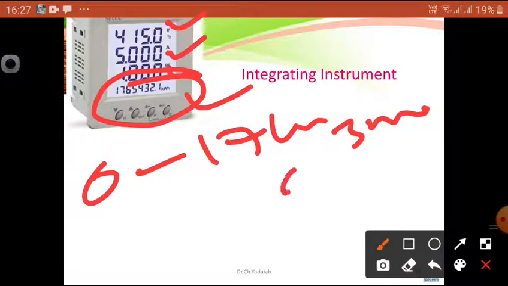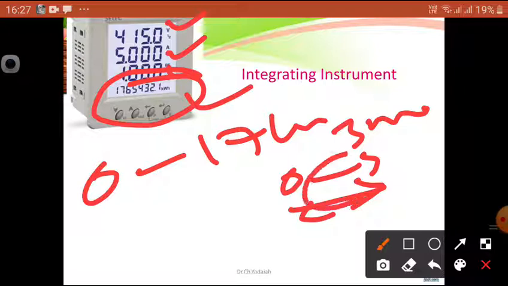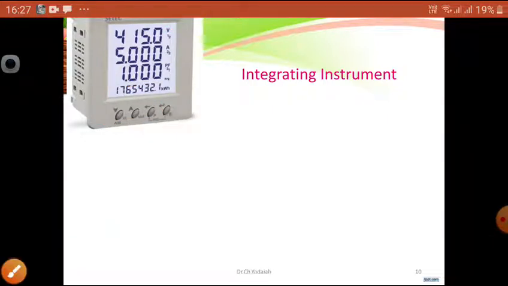So from 0 to 3 months, how many units are consumed is recorded by the integrating instrument here. Okay, now what is the definition here?